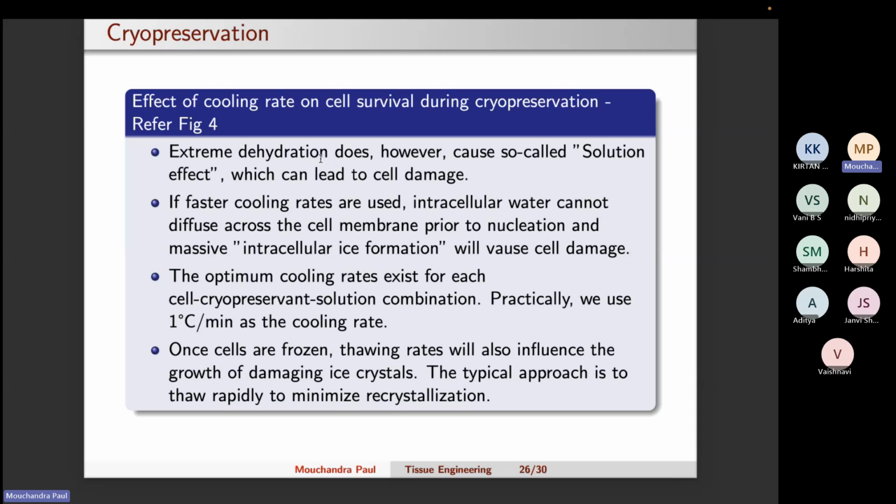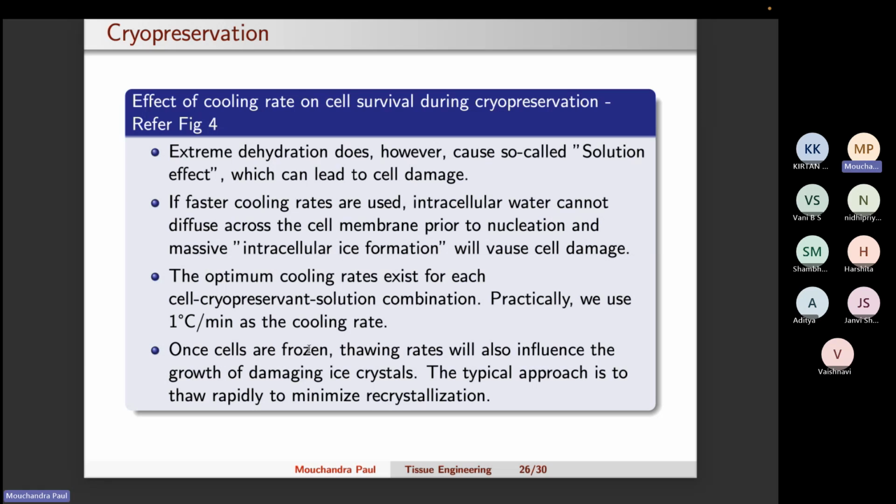The intracellular water content cannot escape through osmosis, because of which a large amount of ice will start forming inside the cell, and this large amount of ice will start causing cell damage, basically cell perforations, and make these cells dead, which is why you need an optimum cooling rate. This optimum cooling rate exists for each type of cell and for each type of cryoprotectant solution.